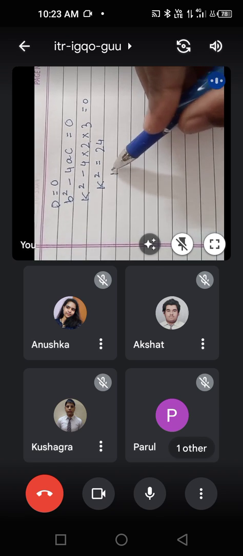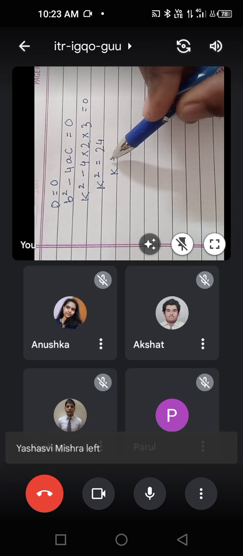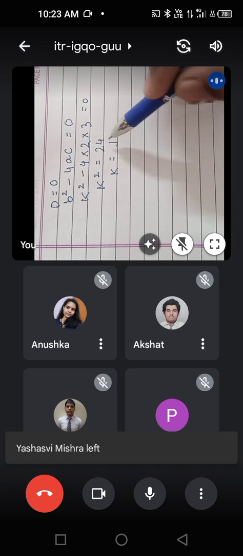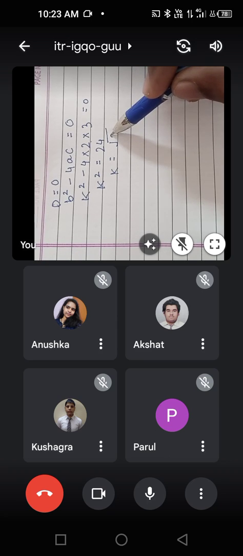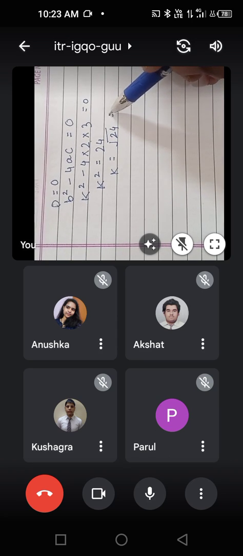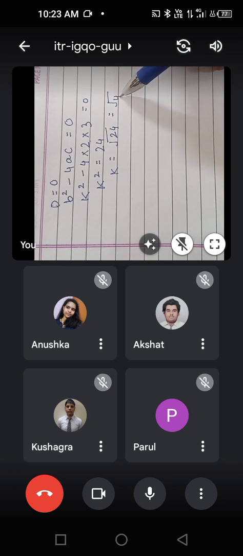k is equal to square root of 24. That can be written as 4 sixes are 24. The square root of 4 is nothing but 2. That is 2 root 6.